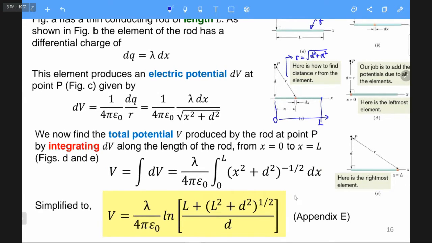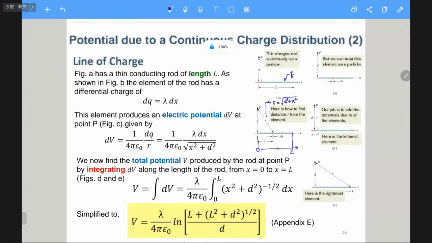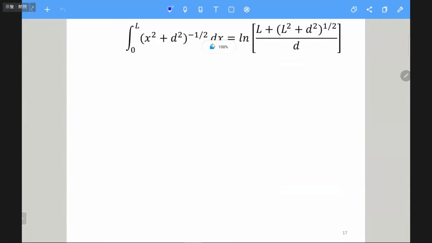If you use Appendix E, we have some form of this integration. It is the natural log of this term. If you would like to derive this integration, you probably need to define x to be d tangent theta.